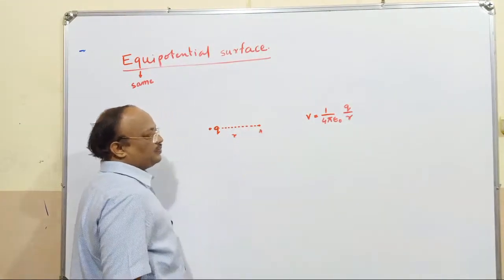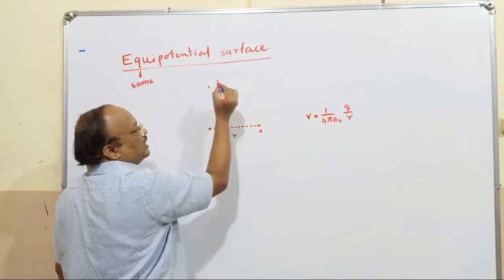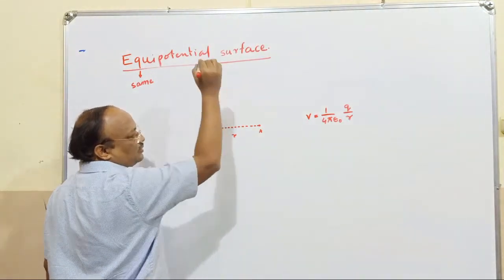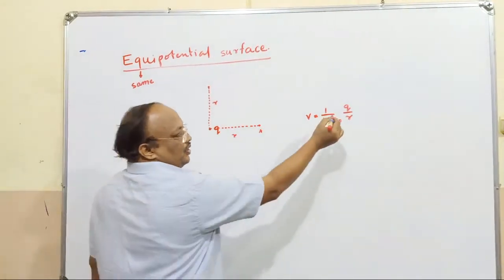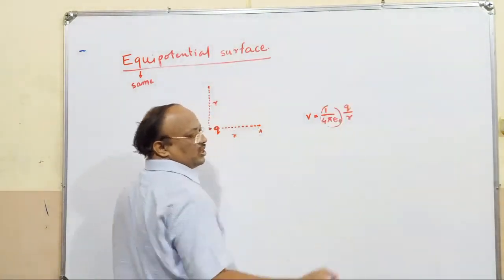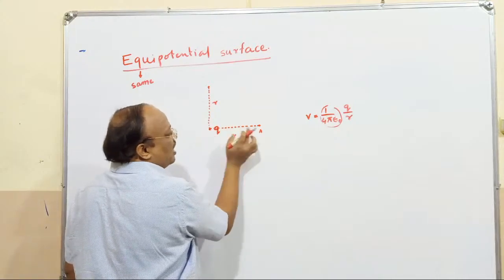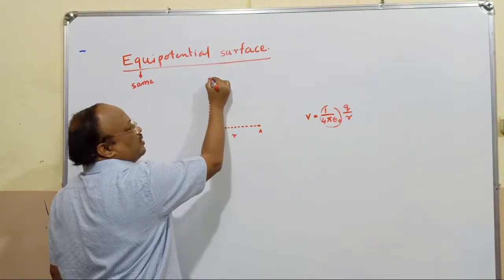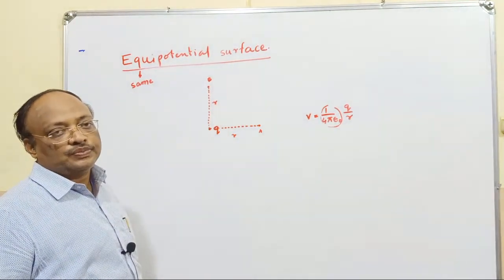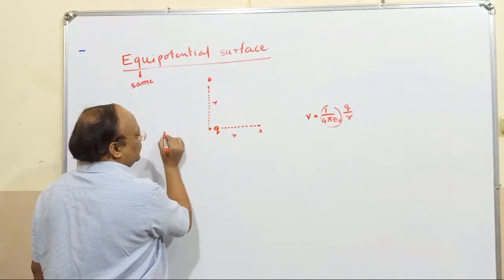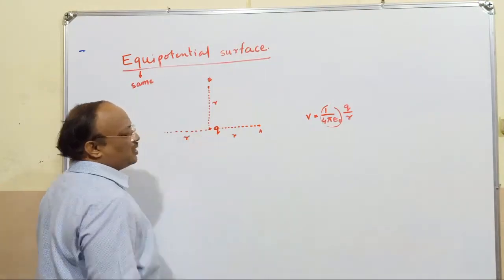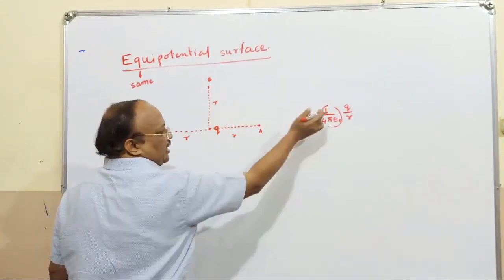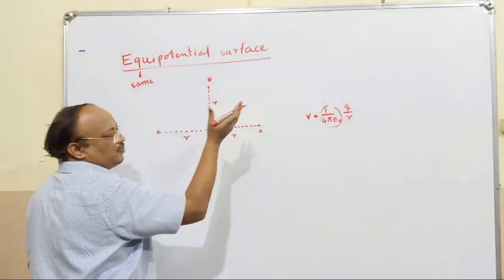This is one point A. I come to another point exactly at the same distance r. Here Q is constant, r is also the same, so we have the same potential V. On this side, at a distance r from the charge, at this point C, Q is the same, r is the same, and 1 by 4 pi epsilon naught is also the same.